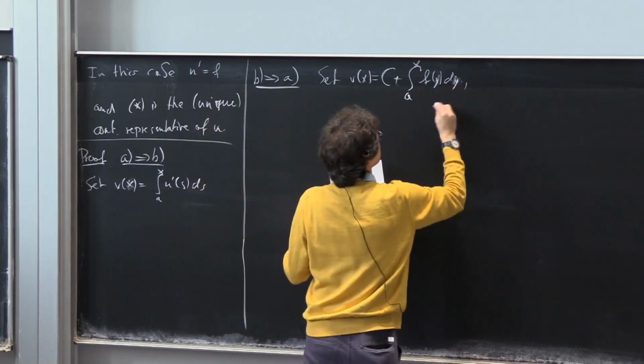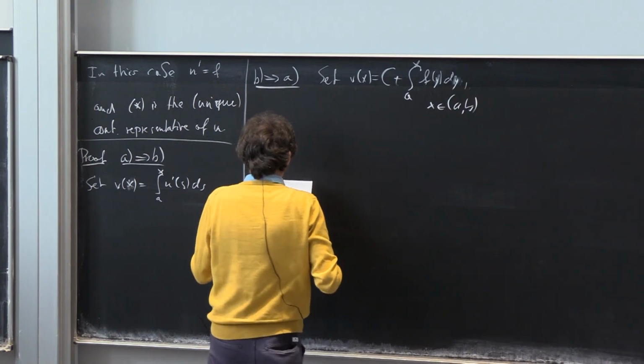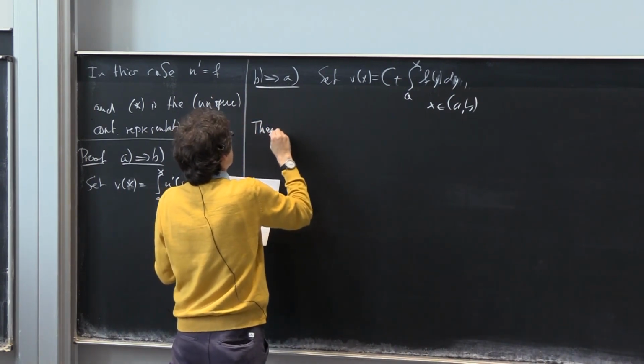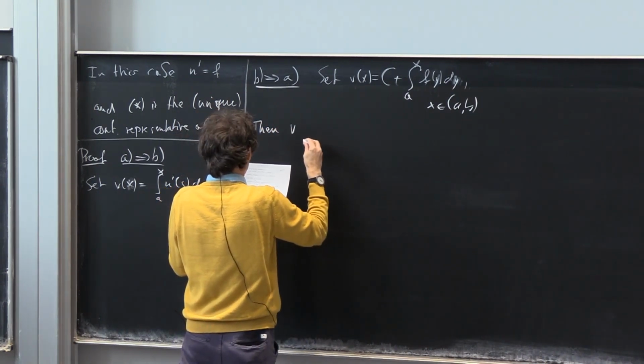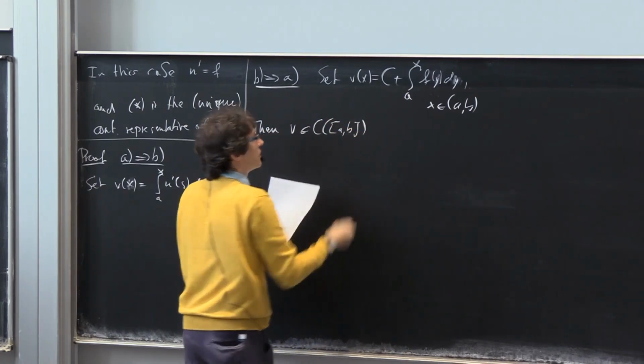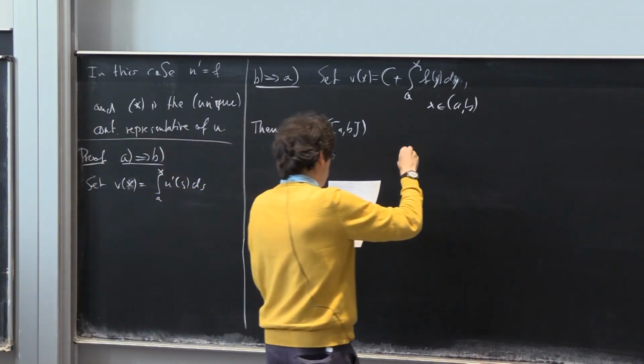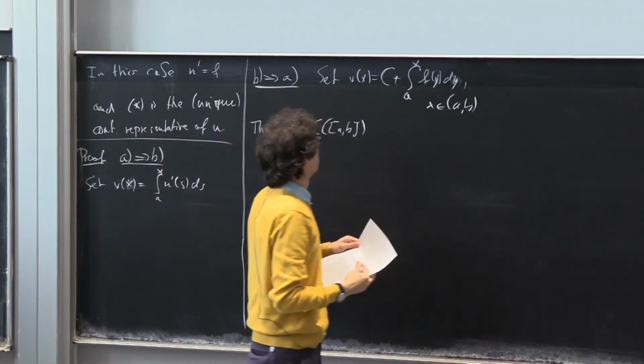And this as a function in x going from a to b. Okay, then we know, because f is integrable, that v is continuous, and it is continuous up to the boundary. It's continuous on the closed interval [a,b]. And this is just by dominated convergence.